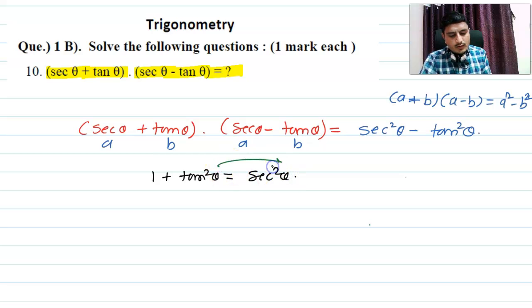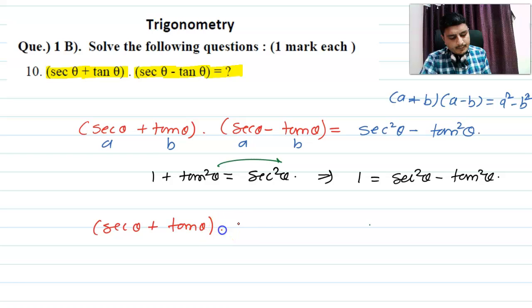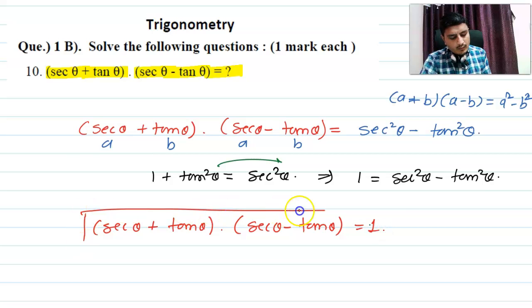Once we shift tan square theta from LHS to RHS, positive tan square theta becomes negative tan square theta, so we get sec square theta minus tan square theta is 1. So the value of (sec theta + tan theta) into (sec theta - tan theta) is equal to 1. Hence we have our solution.